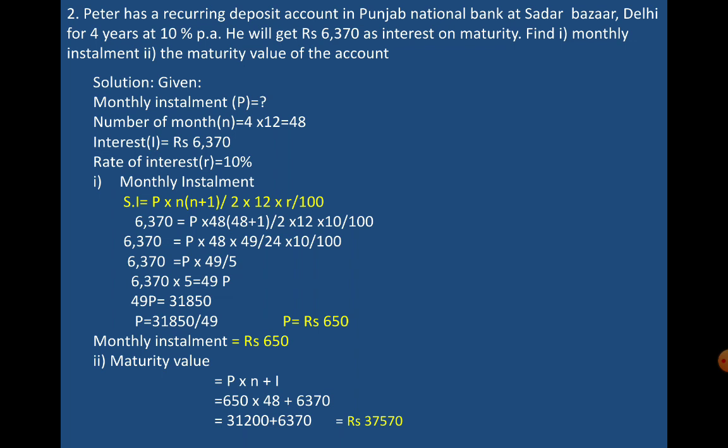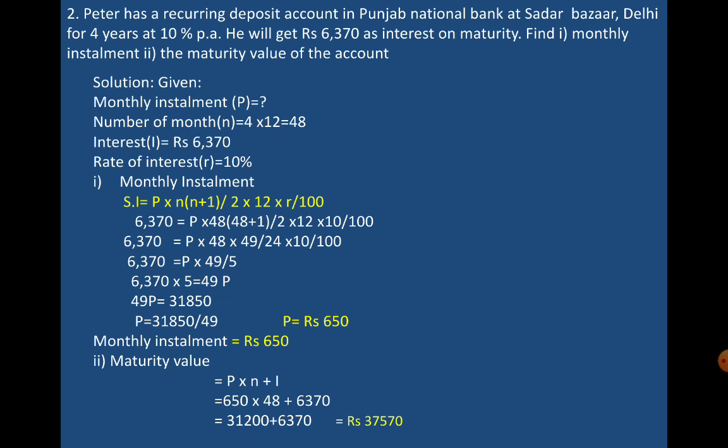After adding, 48 plus 1 is 49. So P into 48 into 49 by 2 into 12, 24 into 10 by 100. After cancelling, we get P into 49 by 5, that is 49P by 5.